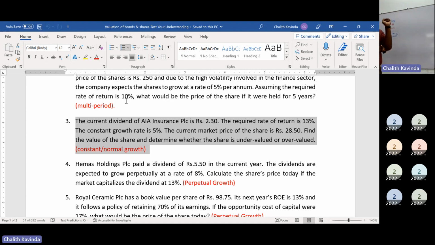Here it says the current year dividend of the AIA is 2.3, cost of equity is 13%, constant growth rate is 5%, and the current market price of the share is 28.5.